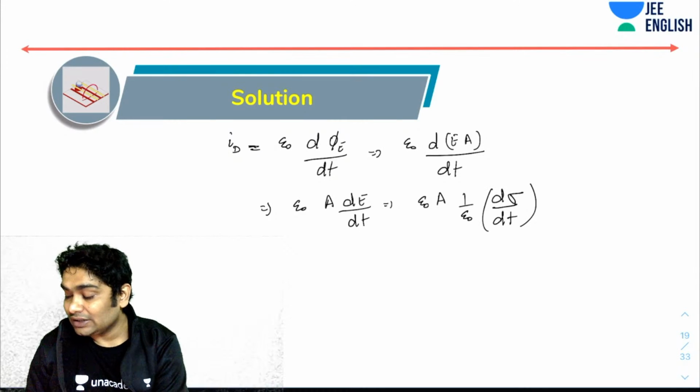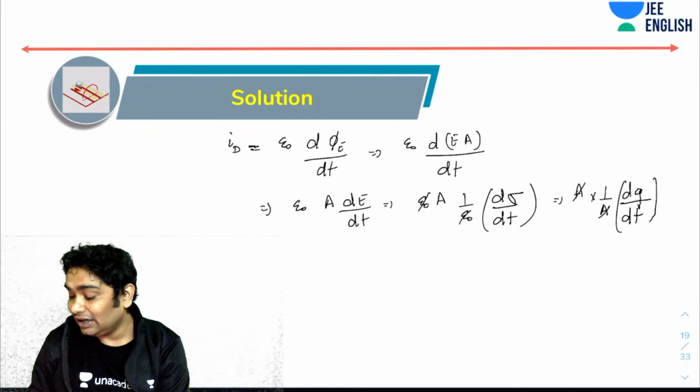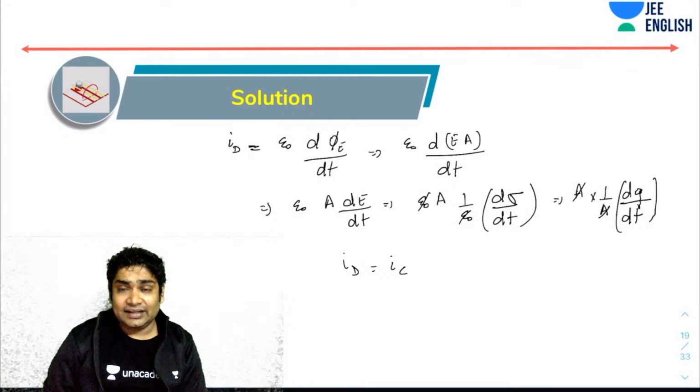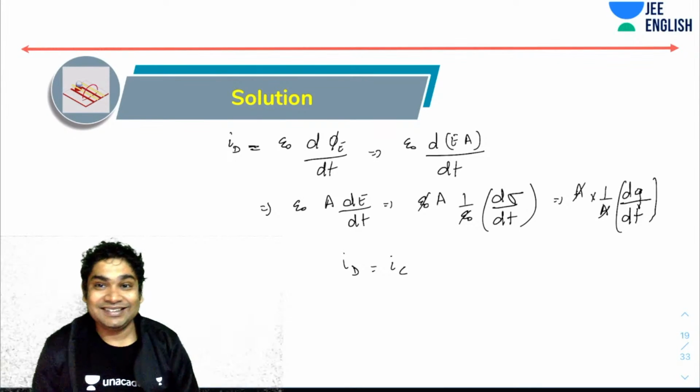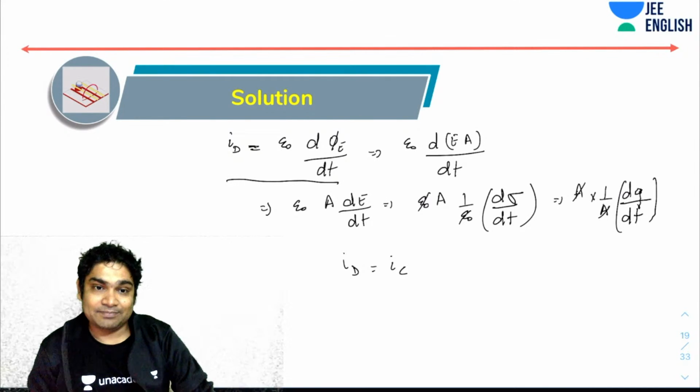Okay, this and this get cancelled, so we can write this as again 1 by A times dq by dt in the circuit. So there you have it, that I_D equals I_C. It's just the thing that I showed you in the reverse manner. Assuming that this is correct, now I can prove that I_D would be equal to I_C.